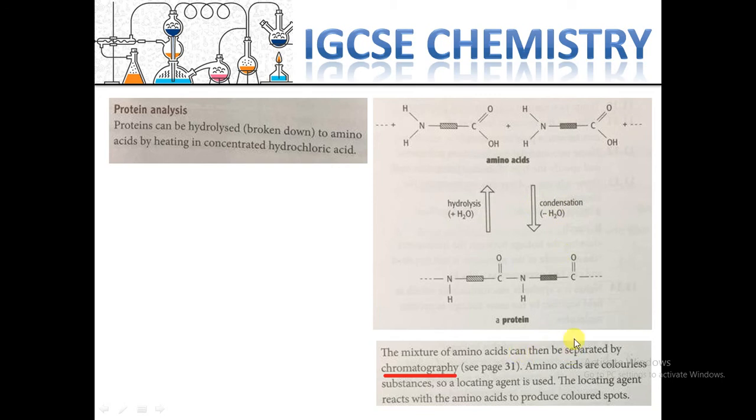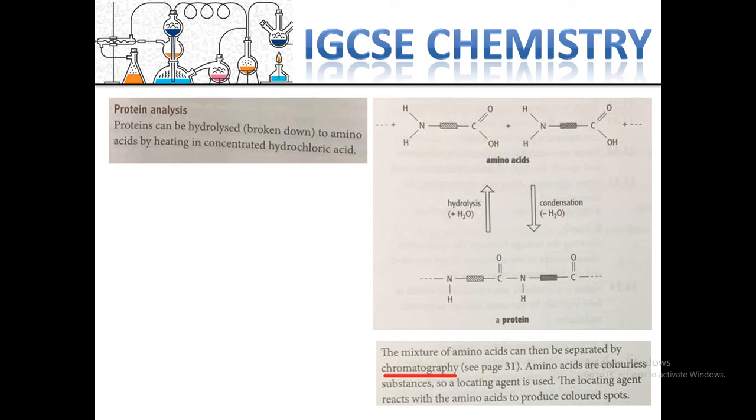And after hydrolysis, once we get two different types of monomer, then they can be separated by chromatography. That is another important term that you need to know. A mixture of amino acids can be separated by chromatography. This is one laboratory tool.